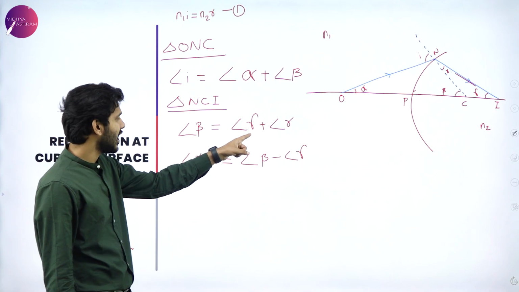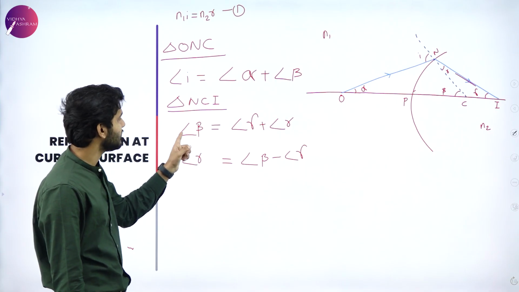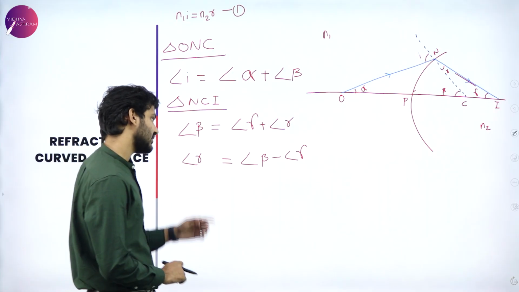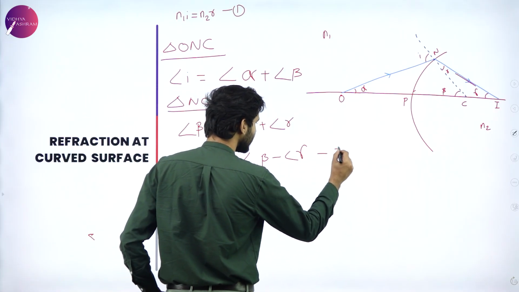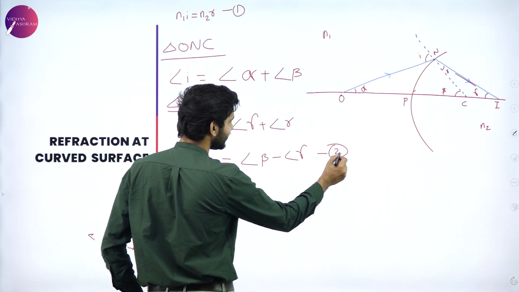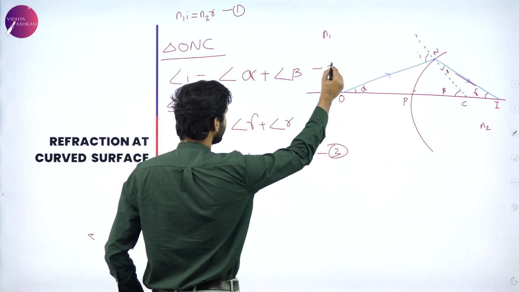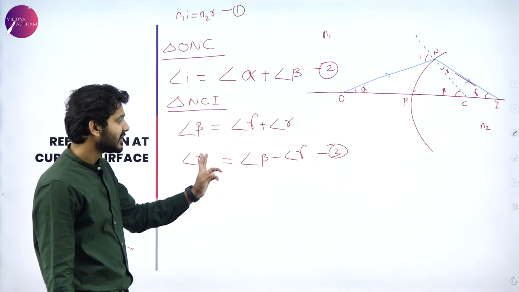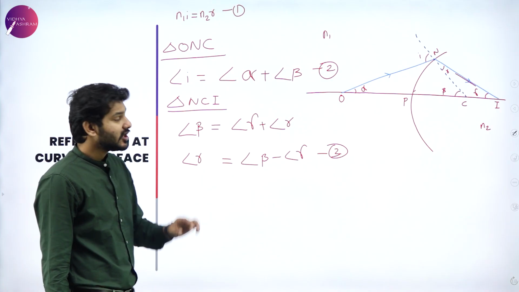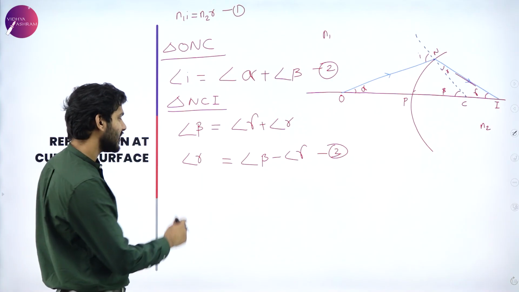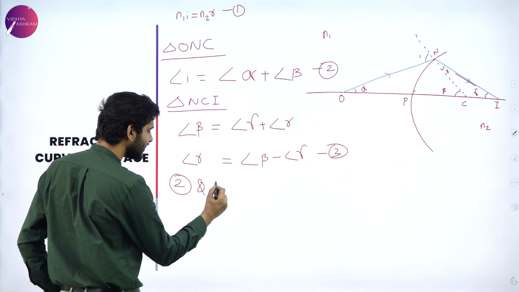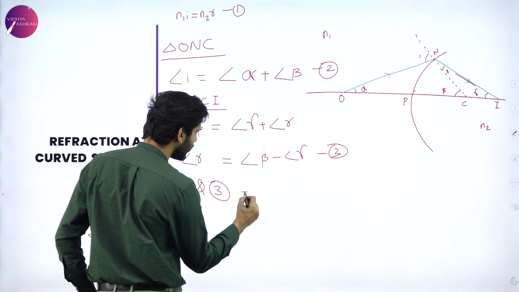If I take gamma to the left hand side, beta minus gamma is equal to R. So I have the second relation, let's put it as 3, and let's put the earlier one as 2. Angle R is equal to beta minus gamma. Now we are going to substitute equations 2 and 3 in equation 1.